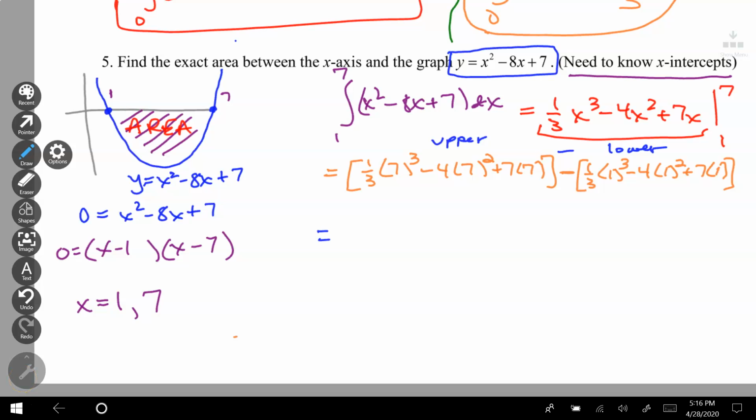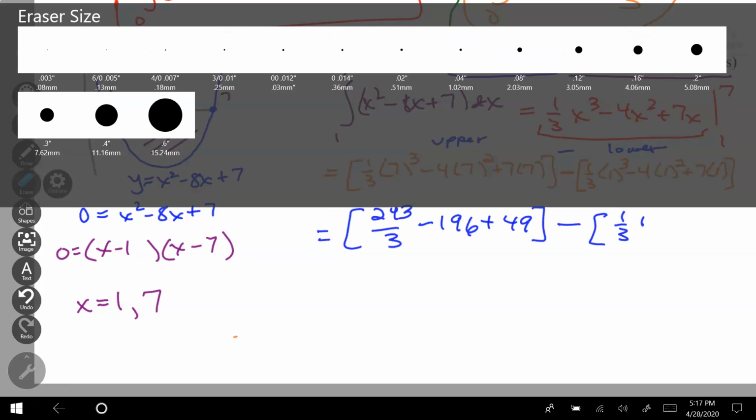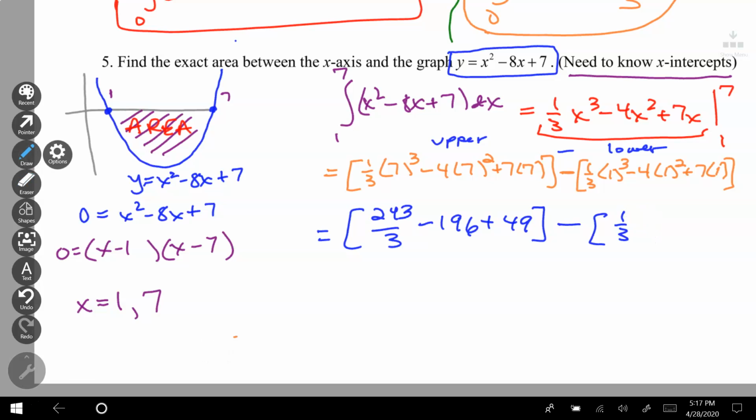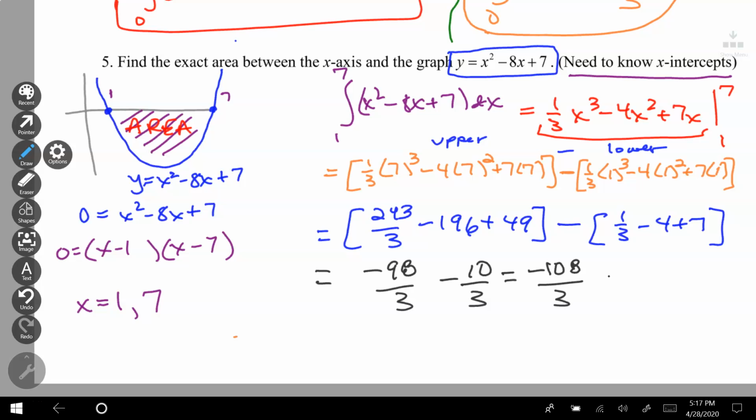As you can see, I plug in 7 and 1 as my upper and lower, and I get 243 over 3 minus 196 plus 49 as the upper, minus 1/3 minus 4 plus 7 as my lower, equals negative 98 over 3 minus 10 over 3, which is negative 108 over 3.